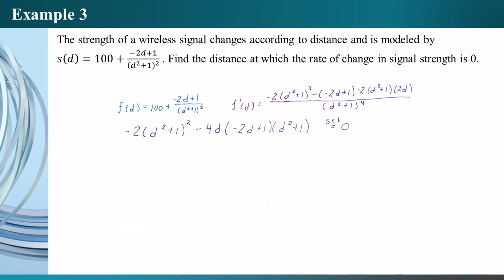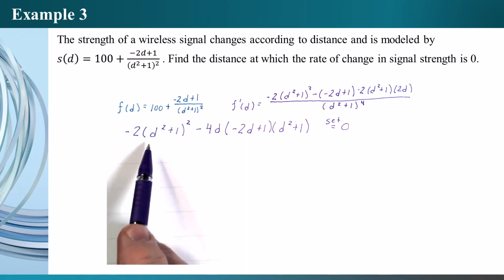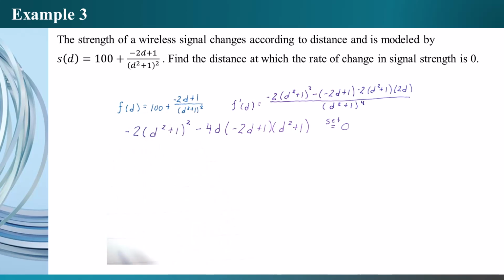Remember, d here represents distance, which is always positive. And that means that d squared plus 1 is always going to be positive. So one thing we can do is divide both sides of this equation by d squared plus 1. Now note there is also a common factor of negative 2, and so we're going to divide both sides by negative 2 times (d squared plus 1).